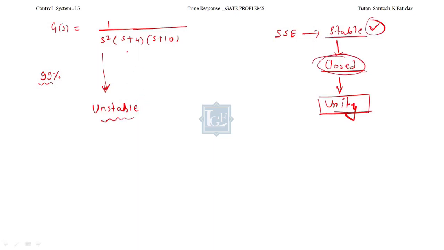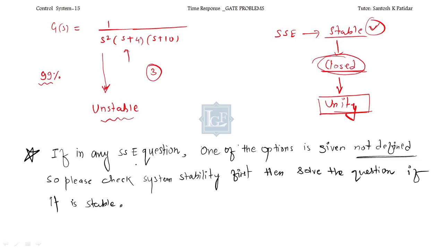Now you will ask how I find whether the system is unstable. When we come to the third unit, stability, we'll discuss this there. Please note one point: if in any steady state error question one of the options is given as not defined, you have four options and one of them is not defined, so please check system stability.